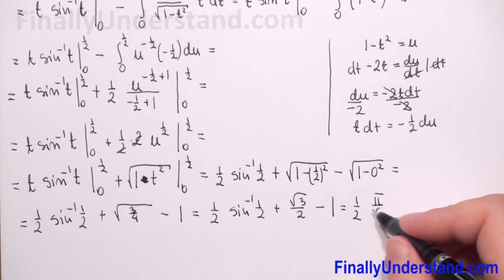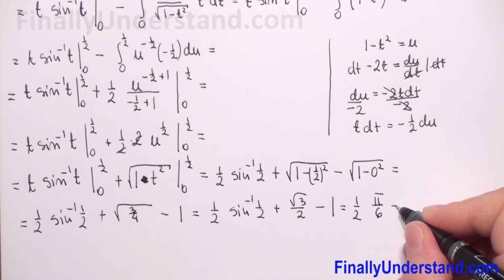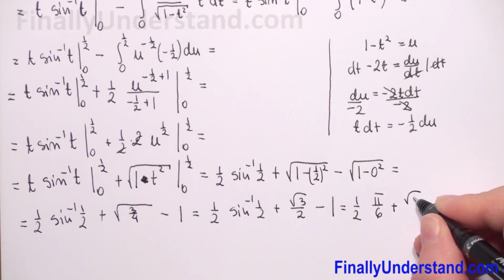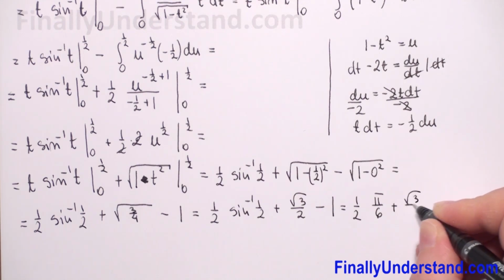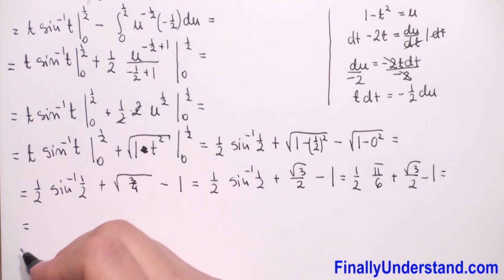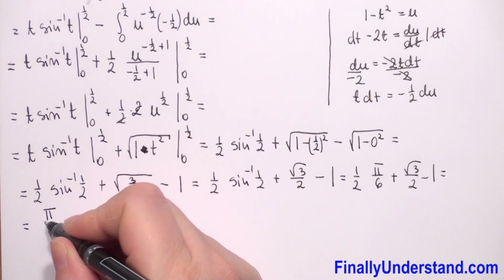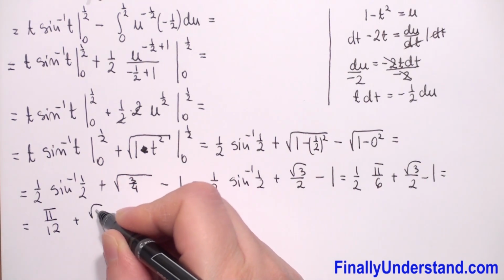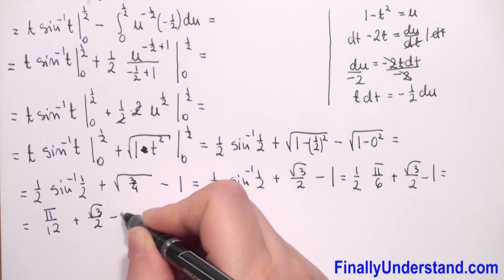So we have times pi over 6 plus the square root of 3 over 2 minus 1. So this is equal to pi over 12 plus square root of 3 over 2 minus 1.